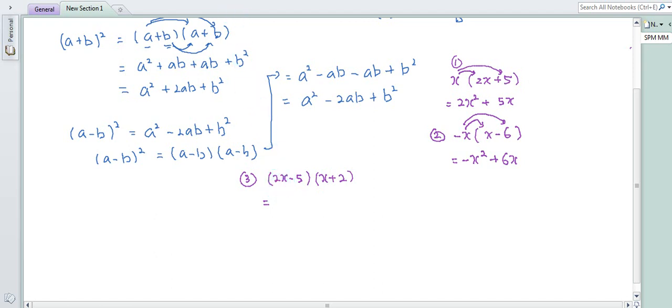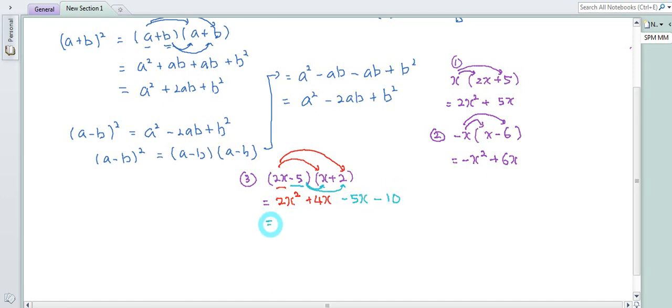Now we focus on 2x first. 2x times x, you get 2x squared. 2x times 2, you will get a positive 4x. Now we focus on negative 5. Negative 5 times x, you get negative 5x. Negative 5 times positive 2, you get negative 10.